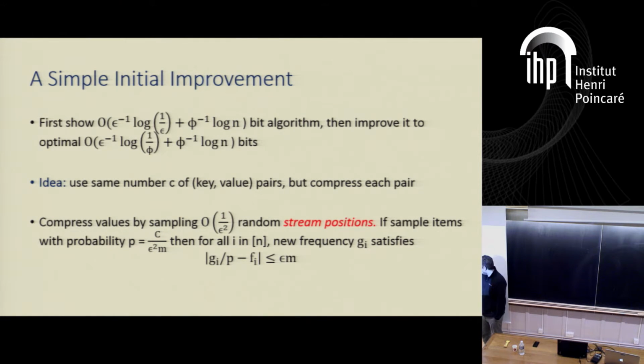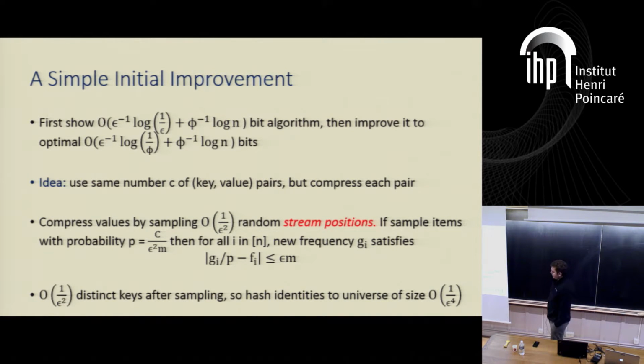Its deviation from the actual frequency f_i differs by an additive epsilon m. Just to illustrate techniques in data streams, I'll show why this is true on the next slide. But it means that we can run Misra and Gries on the sampled stream. All the frequencies are preserved up to additive epsilon m.